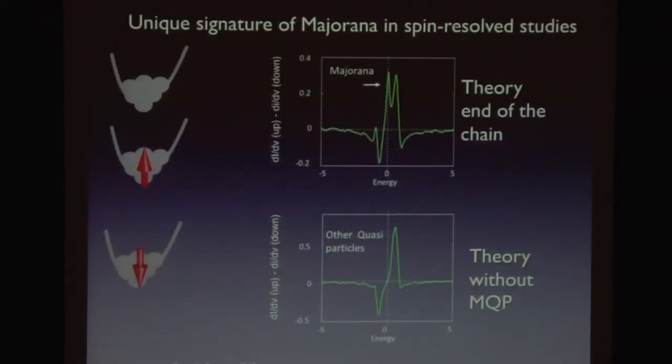It turns out that the Majoranas actually have a very unique signature in this. They don't have a spin. The spin is not a good quantum number because of spin-orbit coupling, but the spin expectation value is something that defines the Majorana uniquely relative to other types of electronic states that you can have at near zero energy.